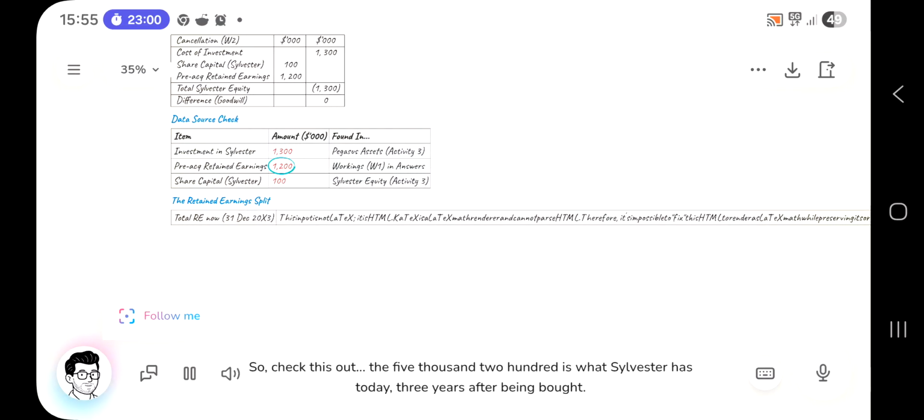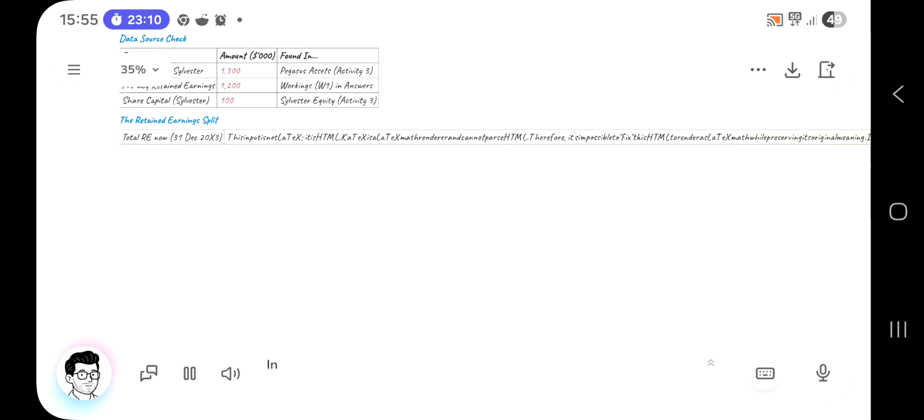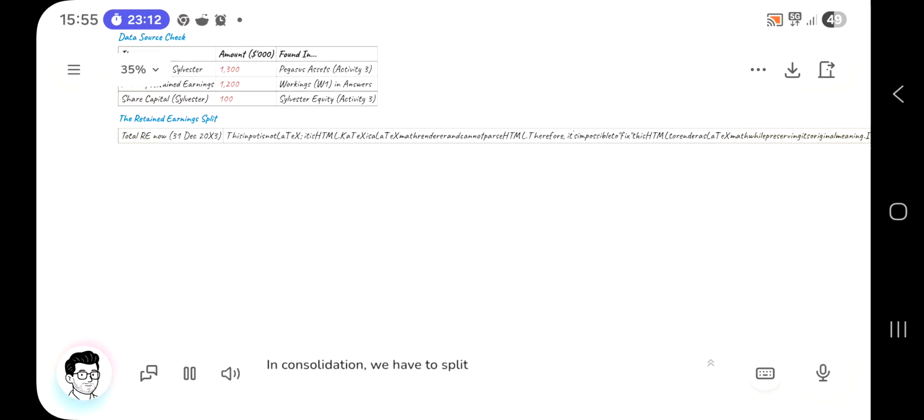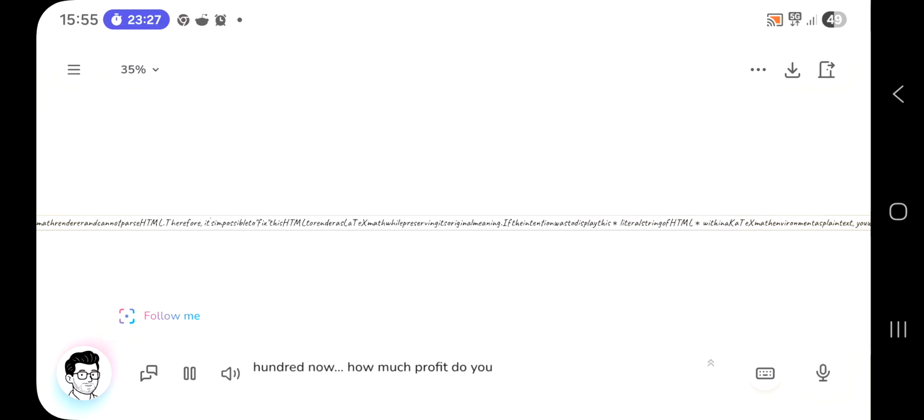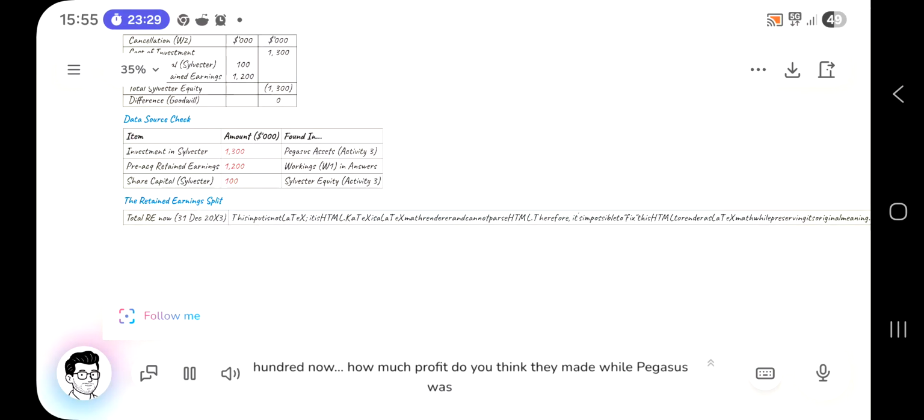But the 1,200 is what they had on the first day Pegasus bought them. In consolidation, we have to split that total into two parts. The part Pegasus bought, the 1,200, and the part Sylvester earned since they were bought. If they started with 1,200 and they have 5,200 now, how much profit do you think they made while Pegasus was the boss?